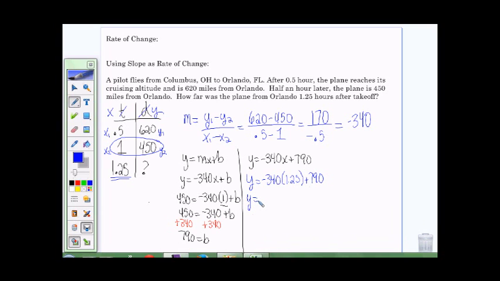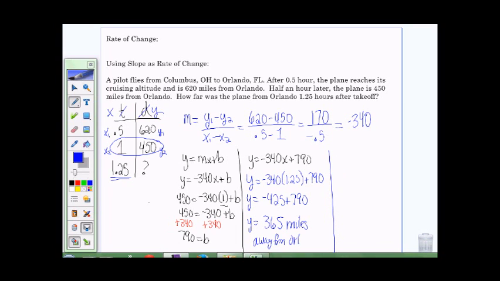So negative 340 times 1.25 gives me negative 425. So I'm going to be 365 miles away from Orlando at 1.25 hours. So that's the official correct algebra way to do this.